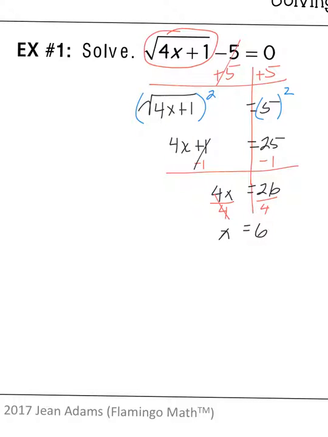Now, anytime that you raise both sides of an equation to a power, you have to check this answer to see if it's what's called extraneous, meaning does it work? So we're going to take this 6 and plug it into the original equation. Do you have to plug it into the original equation? Yes. So we are going to check.